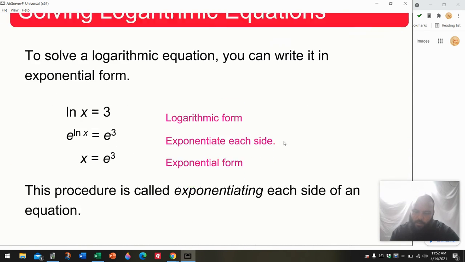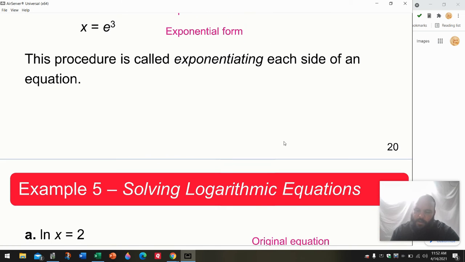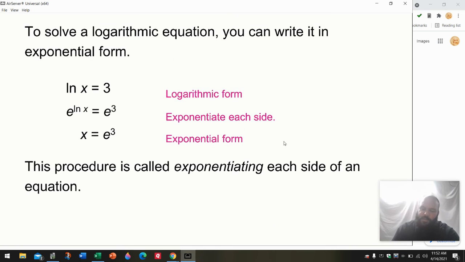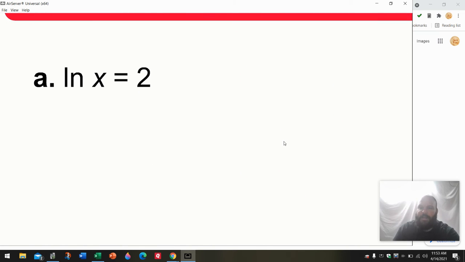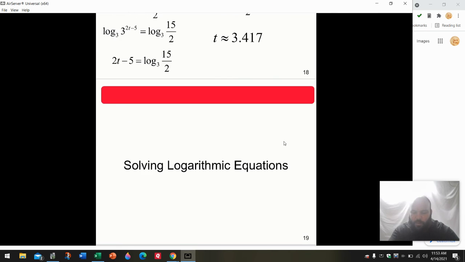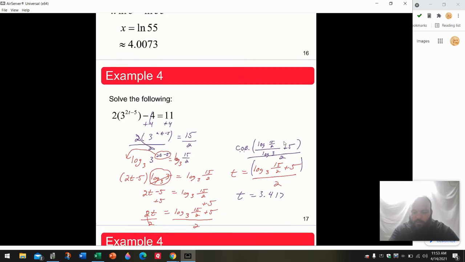Now, here are some more logarithmic equations. This procedure that I'm going to show you is a little bit different than the last ones, or how to solve these, I should say, is a little bit different, because these ones already have the log in the equation. If you looked in the last couple of ones that we solved, there was no log in those.